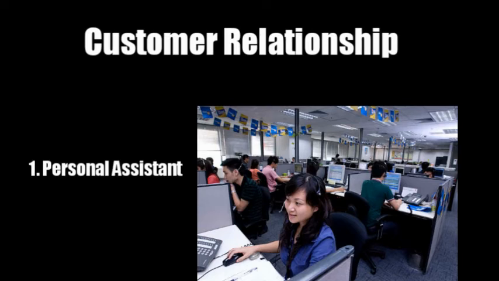If you're having a problem with MTN, perhaps they deducted your money or you want to make an inquiry, you dial the number and the customer care will be there waiting for you, right? And the person will speak to you physically, like real, not just a robot. That's if you're able to pick your call, right?